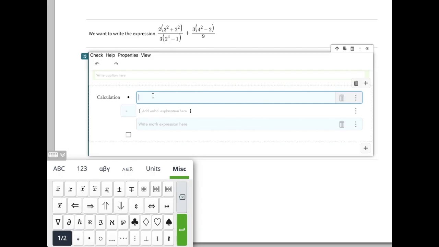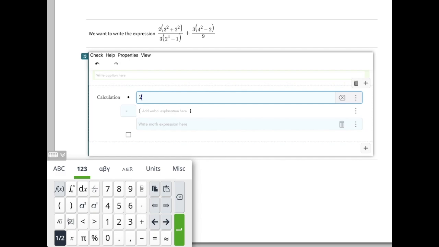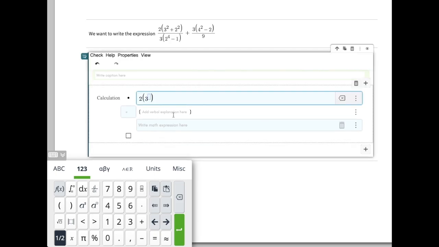We start by typing 2 from the keyboard, and then we are adding parentheses. And you can notice that the system is already prepared for closing a parenthesis. We write now 3, and then we need to find the power, and this we do by clicking this symbol, and it adds a small square there where we can write the power. So that's 2.